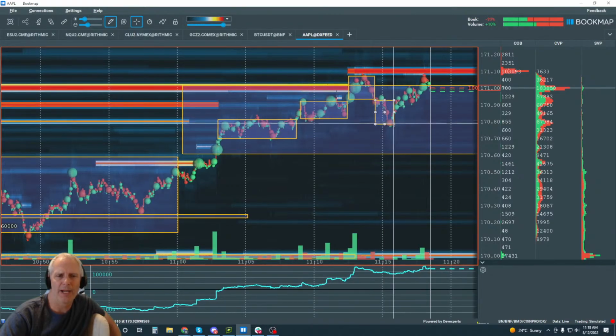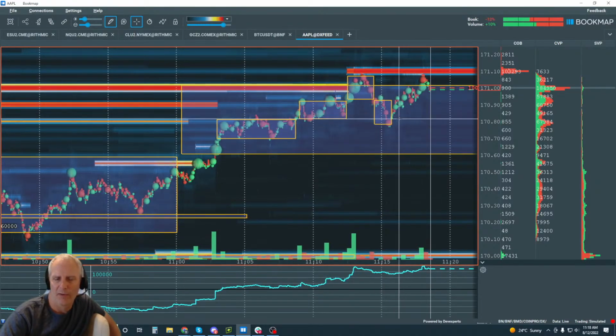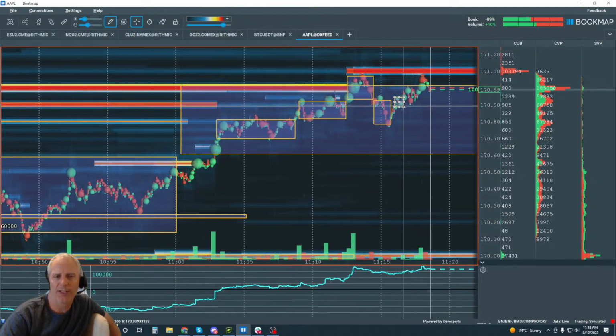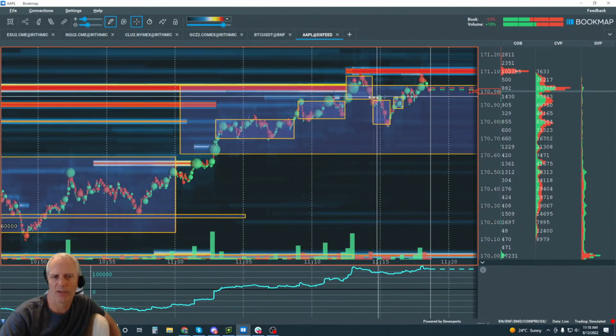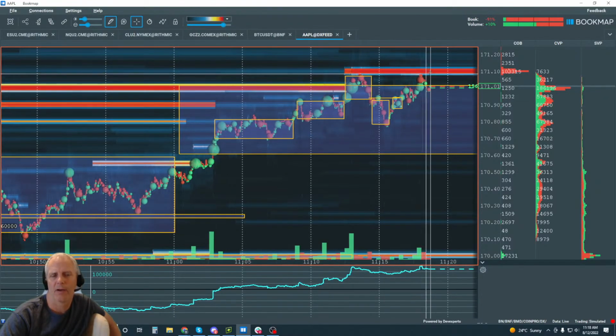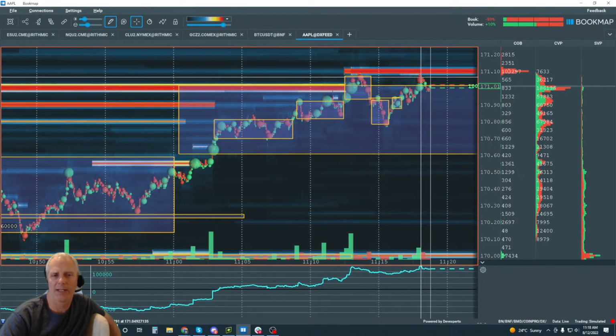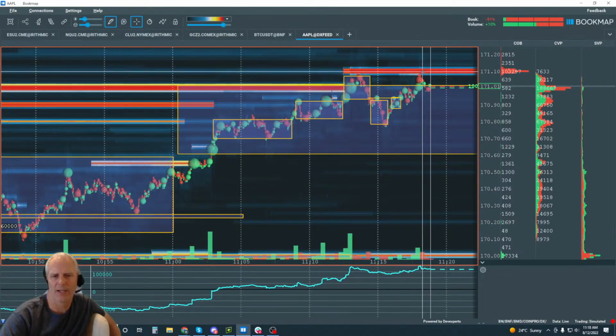Now here's the breakdown, but it's still bullish. For it to be bullish though, this is precisely what we're looking for. Buyers back up to the swing here. Okay, now what about up here? Well, I see sellers up here. And then we didn't test into this liquidity here at 171.10.